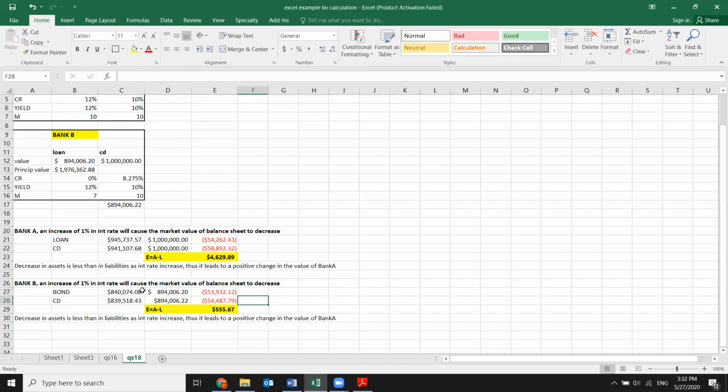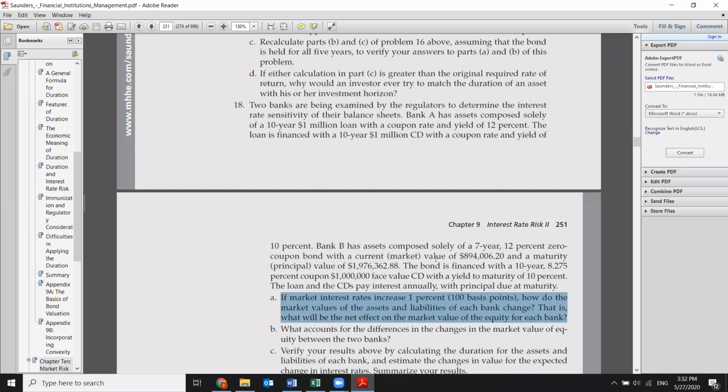Let me read the question again. This is for part B, bank B. So bank B has the asset composed of solely a 7-year, 12% zero coupon bond, with the current market value of 894,020, with the maturity principal value of this.